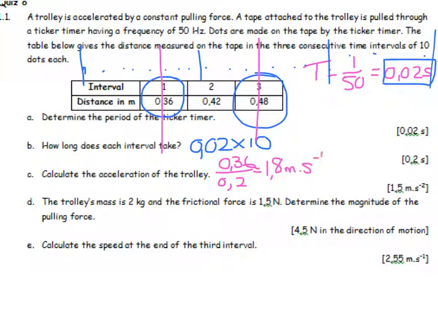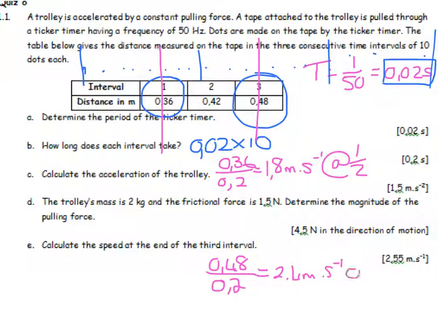Where is that true? It's really true at a half for all intents and purposes. Then I can say 0.48 divided by 1 interval space, 0.2, and that turns out to be equal to 2.4. And where's that true? At 2.5. So this spot here is 1.8, this spot here is 2.4.